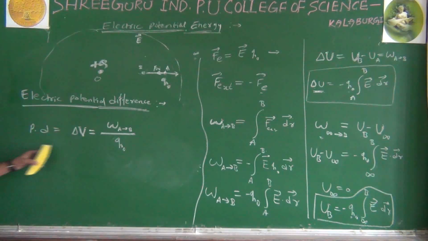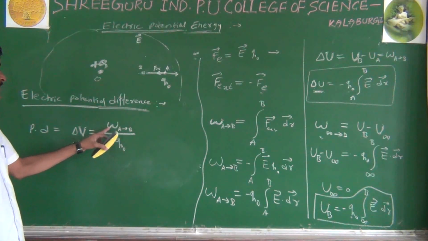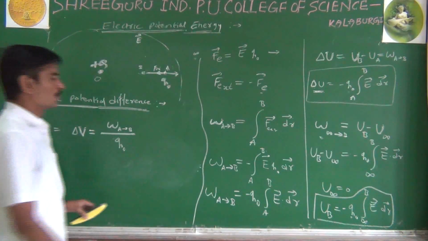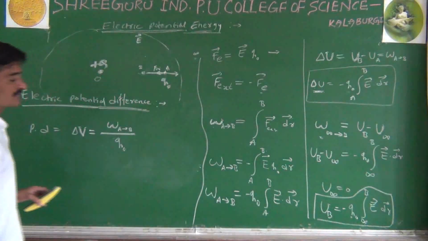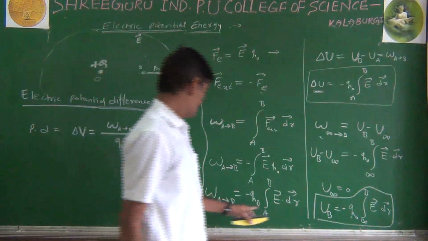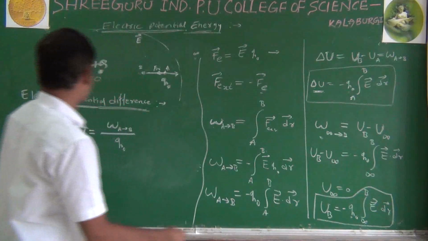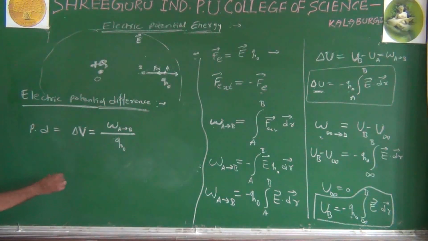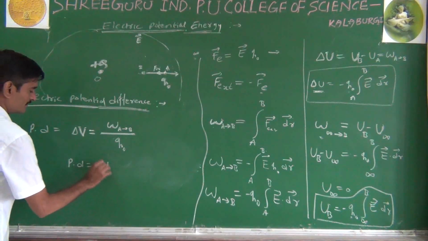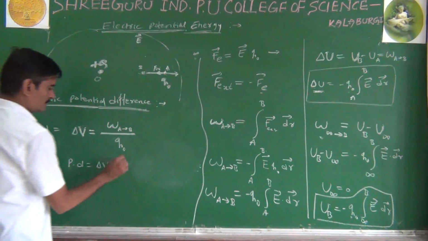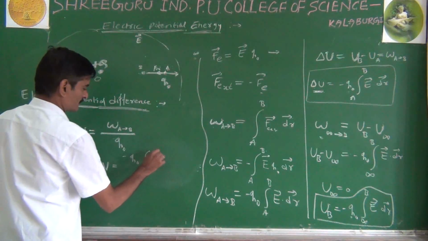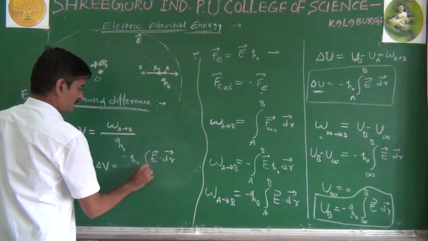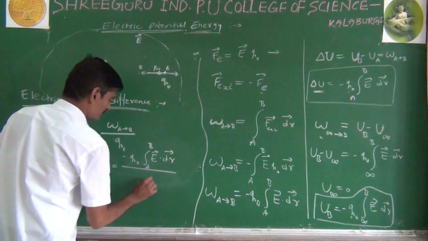Potential difference is equal to work done from A to B divided by Q naught. Work done to move the charge from A to B, by external force, you can write as delta V is equal to minus Q naught integration of vector E dot dr from A to B, divided by Q naught.